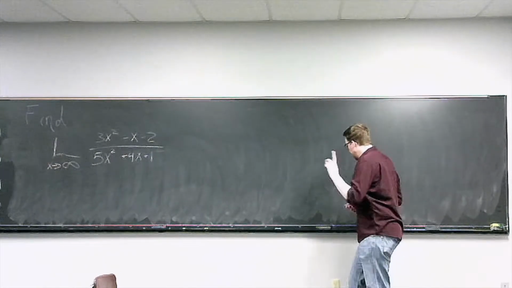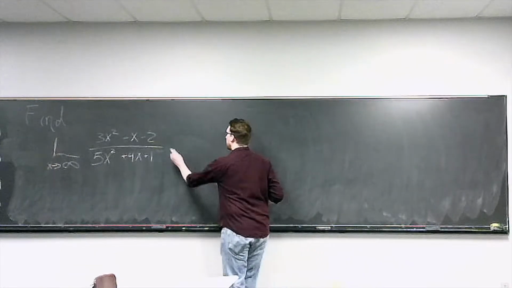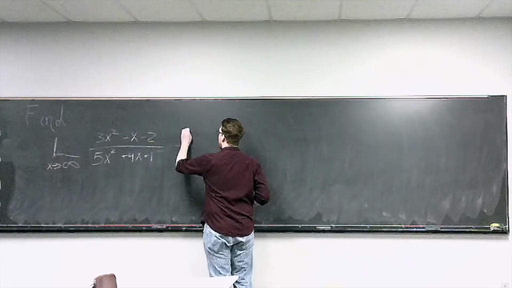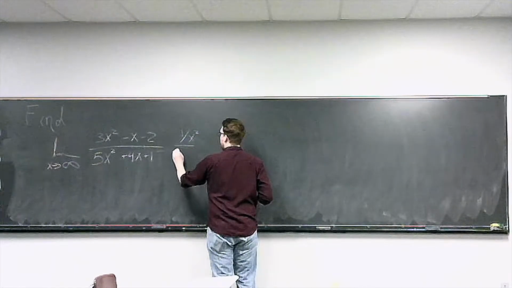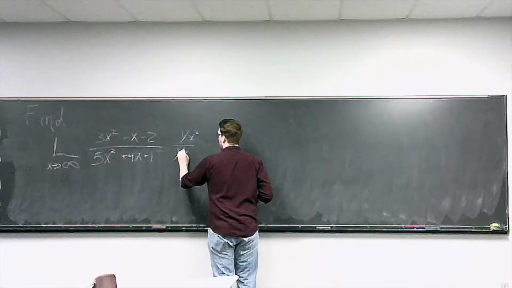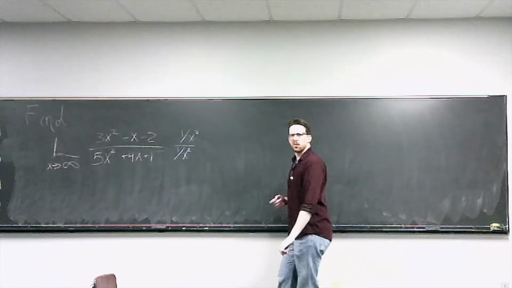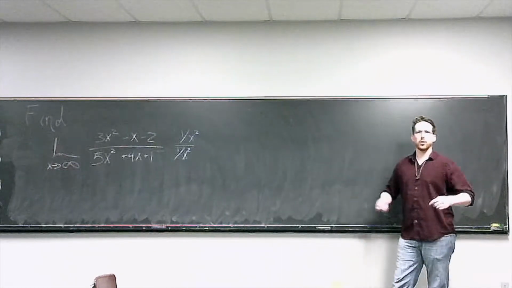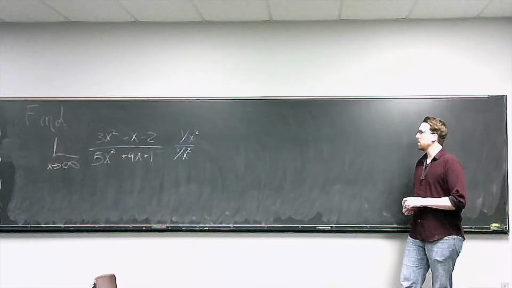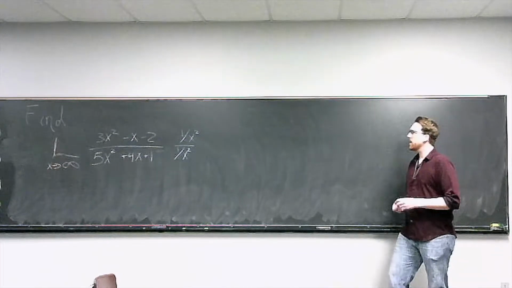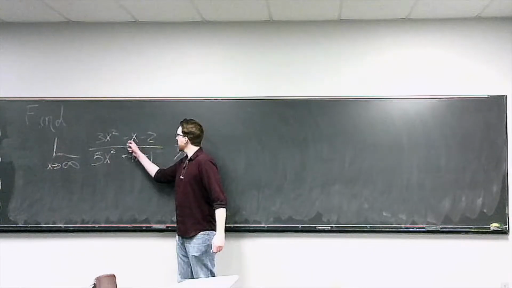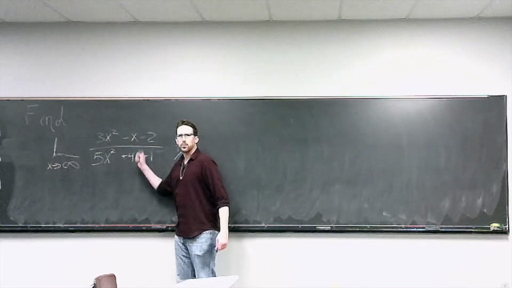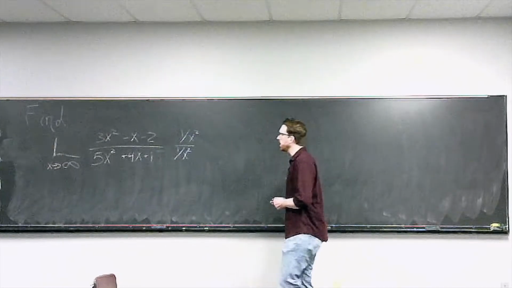Couldn't we, and this is just a thought, couldn't we multiply by 1 over x squared divided by 1 over x squared? Can we do that? Why would we do that? Well, it gets rid of those x squares. It does some other things throughout these two polynomials, right?